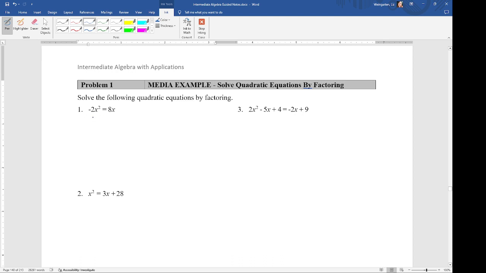So what I'm going to do is I'm going to add 2x squared to both sides. So I have 0 equals 2x squared plus 8x. Now I'm going to factor out a 2x from both of these terms.